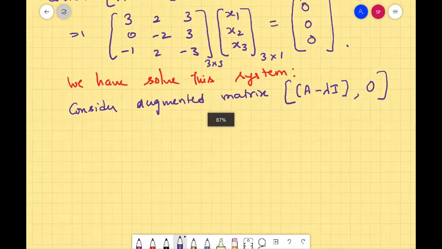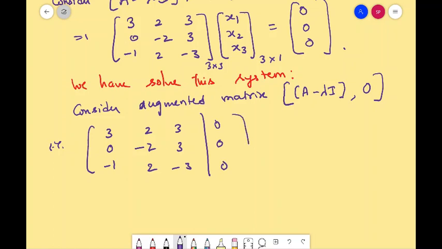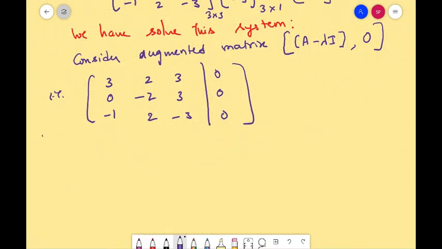That is, I will take the matrix 3, 2, 3, 0, minus 2, 3, minus 1, 2, minus 3, 0, 0, 0, and reduce this to echelon form.